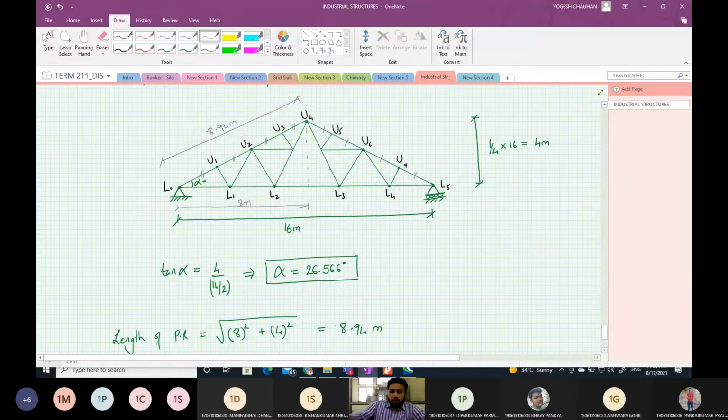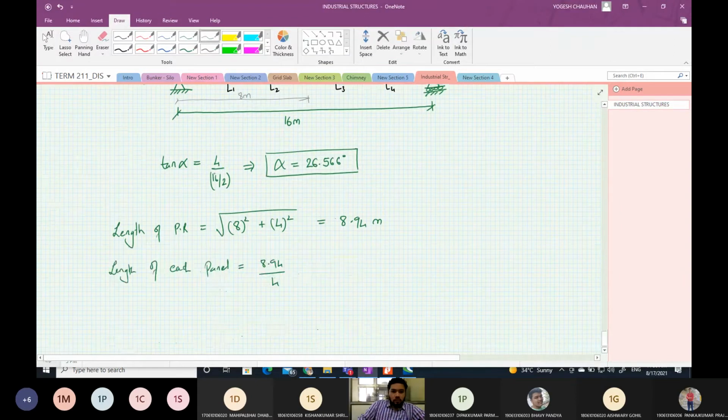So it will be equal to 8.94 divided by 4, that is 2.235.